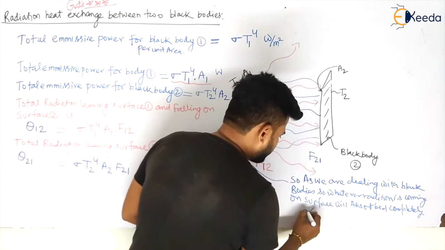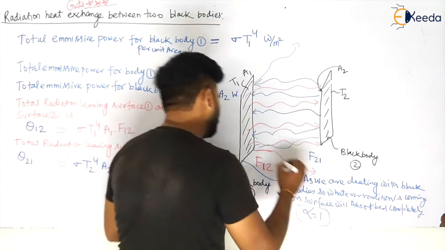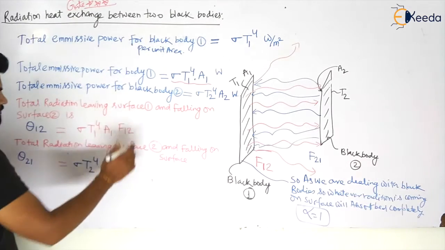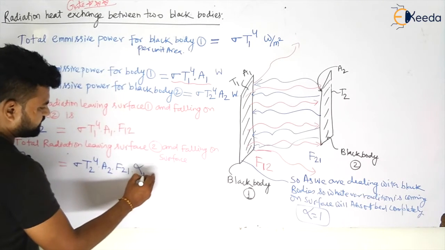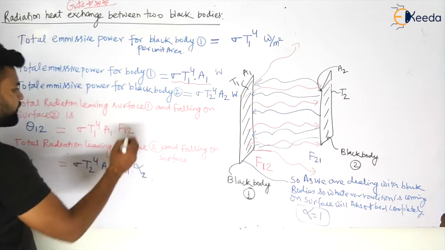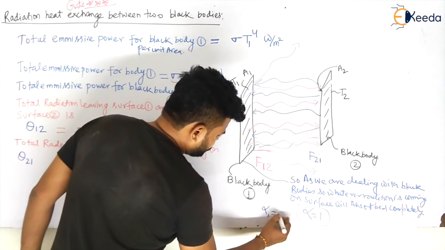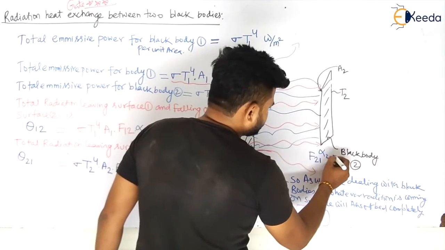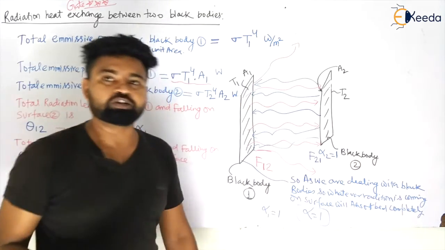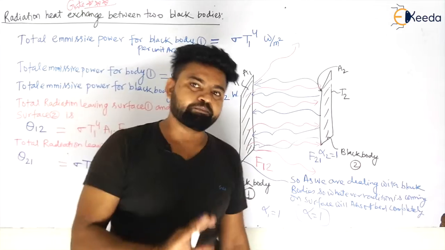How? Because for a black body your alpha is equal to 1. So whatever radiation comes, it will absorb completely. Let us take alpha 2, let us take alpha 1, and in our case alpha 1 and alpha 2 are equal to 1, my dear student, because we are dealing with black bodies.